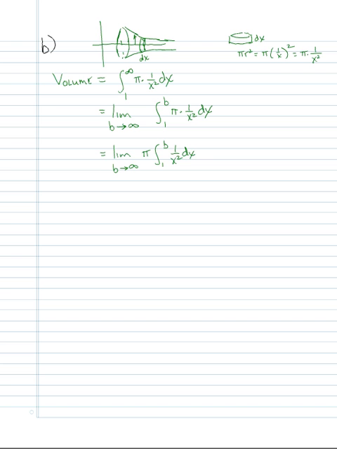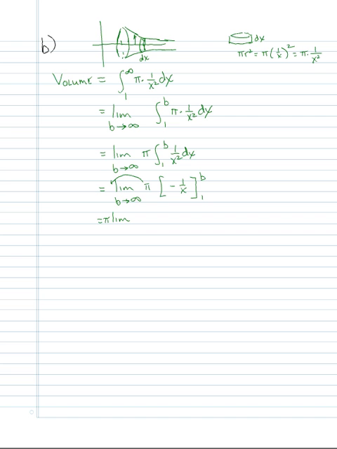The integral of 1 over x squared you can easily determine. The integral of 1 over x squared is negative 1 over x. You can determine that without a great deal of trouble. So we're evaluating that from 1 to b. By the way, that pi can actually be factored out of the limit too, because the limit of a constant times something is just the constant times the limit.